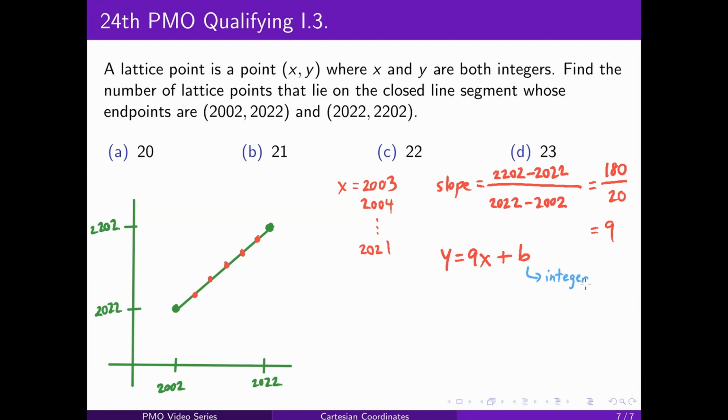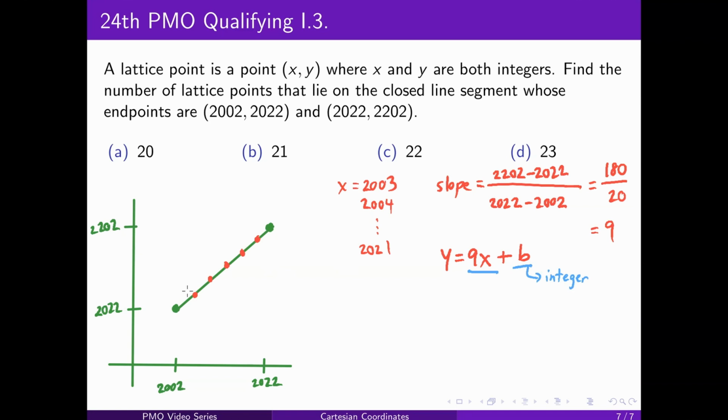All right, so as we said, we need to check what happens at x equals 2003, 2004, and so on. When we substitute, we see that 9 times x, this is an integer, plus another integer. So the result must be an integer, which means no matter what integer x you substitute, you'll also get an integer for y. And thus, all of these would actually be valid lattice points.